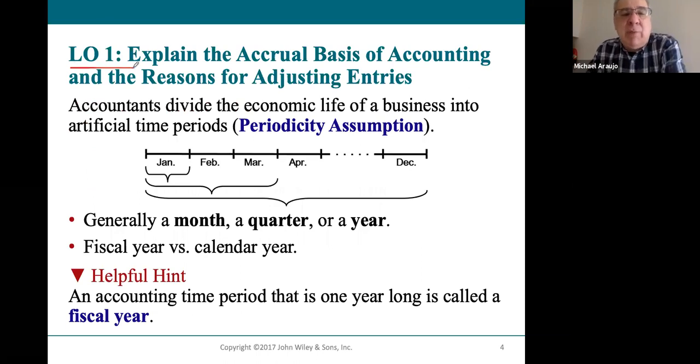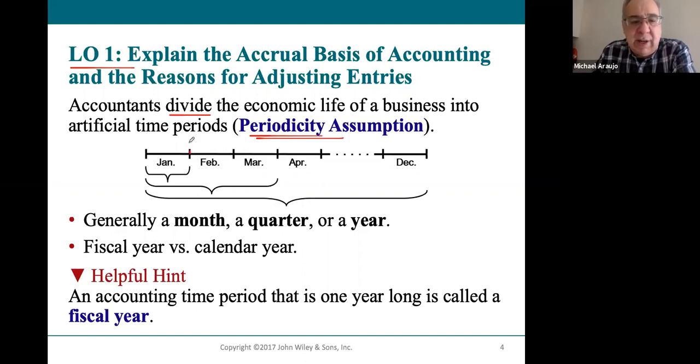All right, so learning objective 1, again, we're going to be focused on a few of those generally accepted accounting principles you saw back in chapter 2. One of the most important is the periodicity assumption, right? In the periodicity assumption, we have to divide the economic life of a business into time periods, right? And we know those time periods.